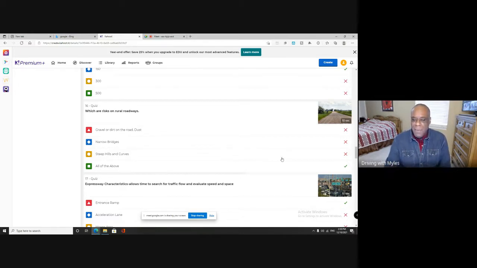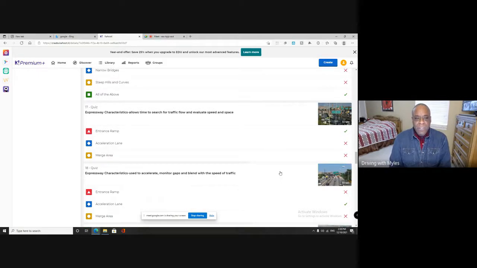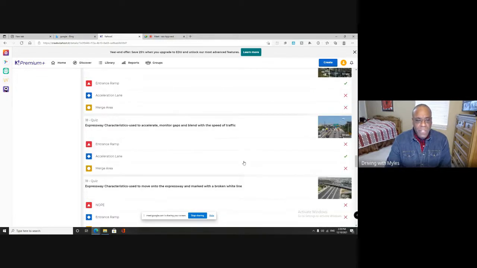Number 17, expressway characteristics that allow time to search for traffic flow and evaluate speed and space. The entrance ramp. Number 18, expressway characteristics used to accelerate, monitor gaps, and blend with the speed of traffic. This is the acceleration lane.